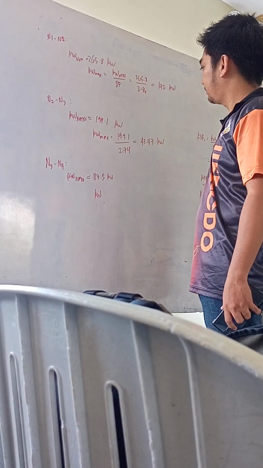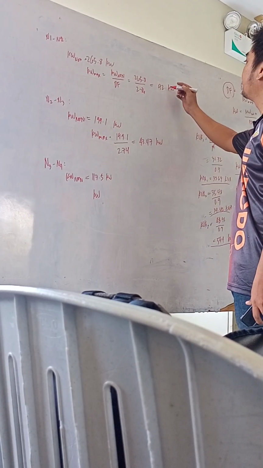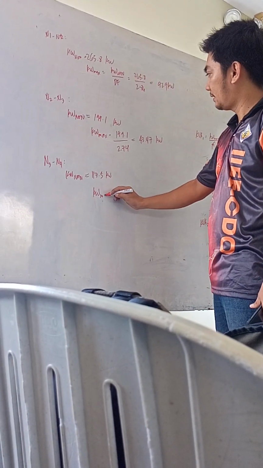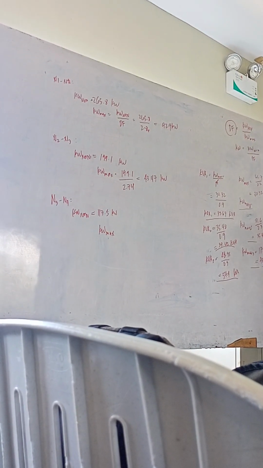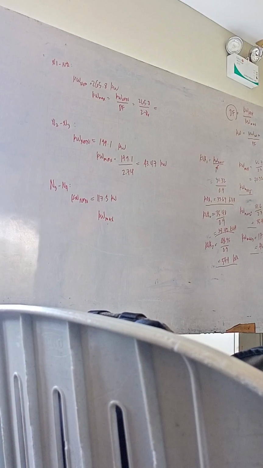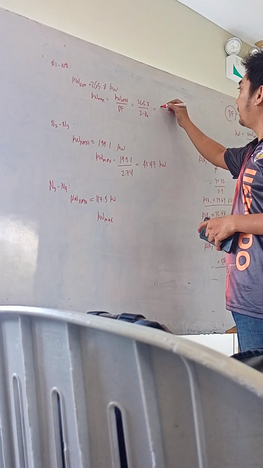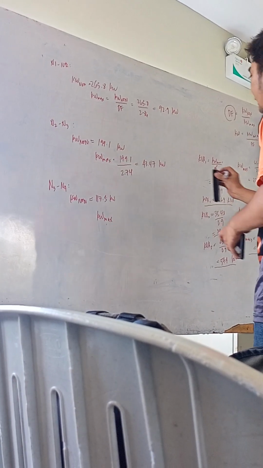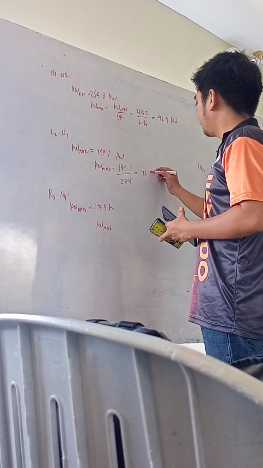For N1 to N2, 265.8 divided by 2.86 is 92.94 kilowatts. For N2 to N3, 199.1 divided by 2.74 is 72.66 kilowatts, with 13 customers.